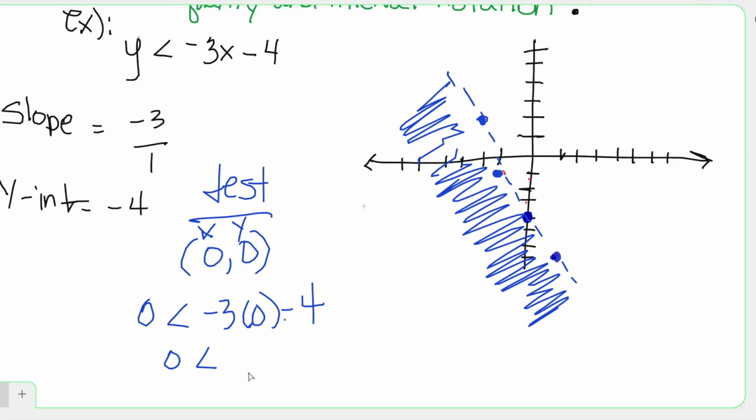So that's gone and we're left with negative 4. Is 0 less than negative 4? False. So that means it would not be shaded above. It's shaded below. This graph will not be crossing the origin. So it will be less than, below the line.